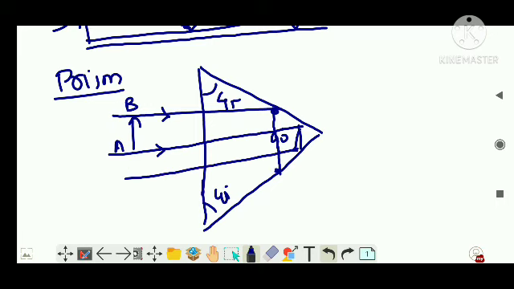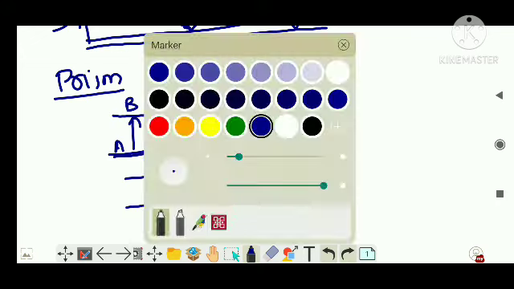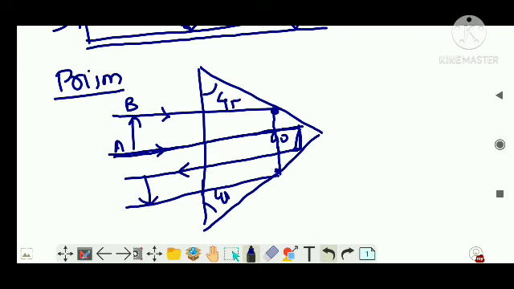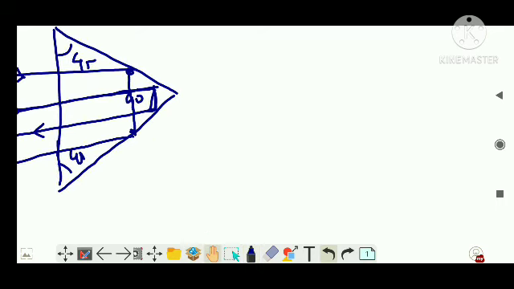So this end is A, so this end becomes A dash. Sorry, this is for B. This is B dash and this is A dash. So I can say the object's image has been reversed by 180 degrees. Clear? Simple. So I can bend the light by 90 degrees, or I can even bend it by 180 degrees.